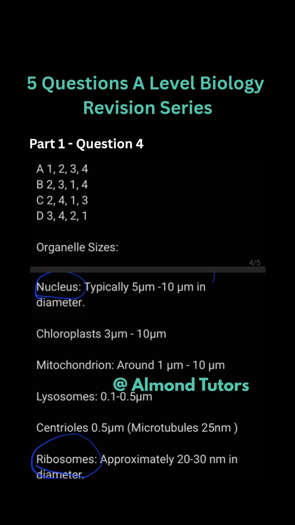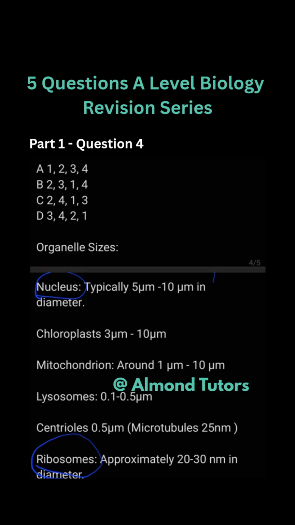And then in between, sometimes we struggle between chloroplast and mitochondria. In this case, remind yourself that the chloroplast is usually bigger than the mitochondria. Okay, so chloroplast is bigger than mitochondria, and after mitochondria, we move on to lysosomes.